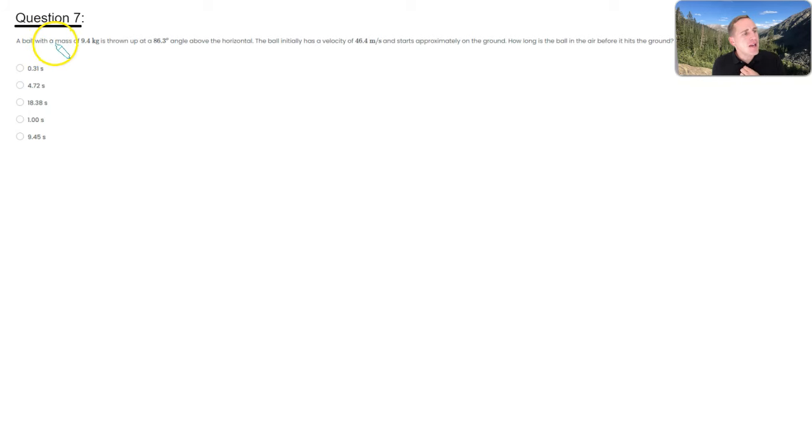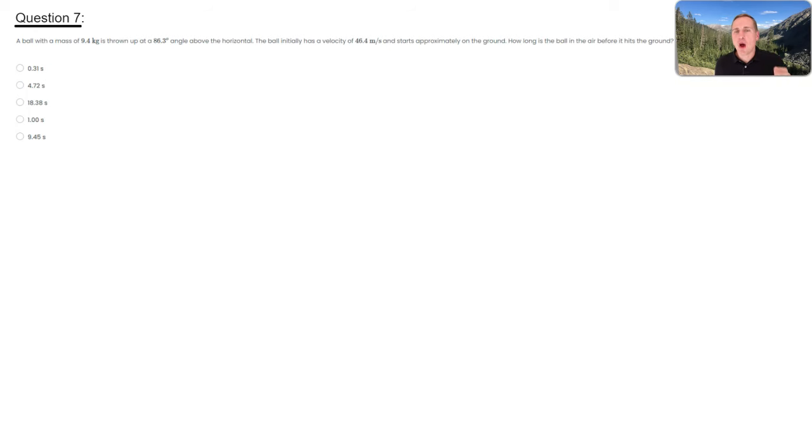So because it's just free fall in the y direction, we don't need the mass of the ball, but we can just determine the time that it's in the air from kinematics only in the y direction. So what we need is the y initial velocity. We're not going to worry so much about the x kinematic variables.